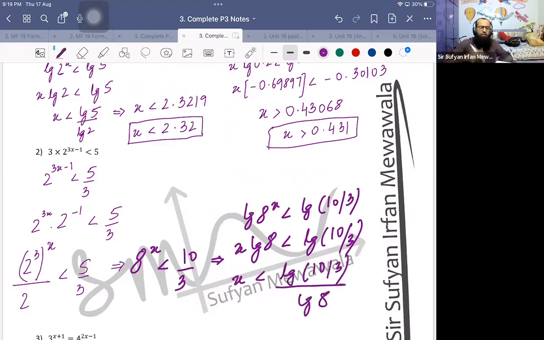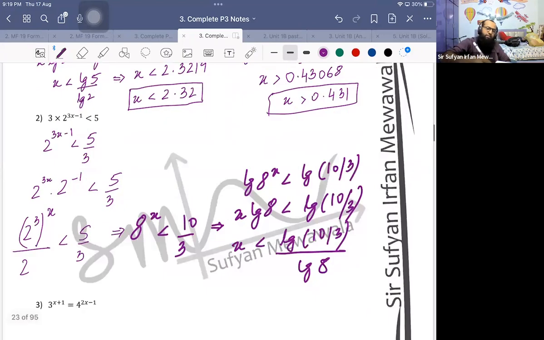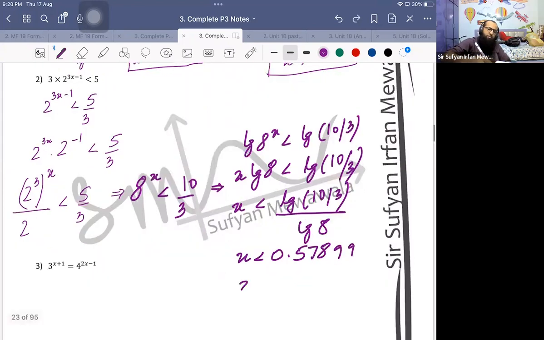From here we are going to get the answer. And the answer is x is less than 0.579. This will be our final answer correct to 3 significant figures.